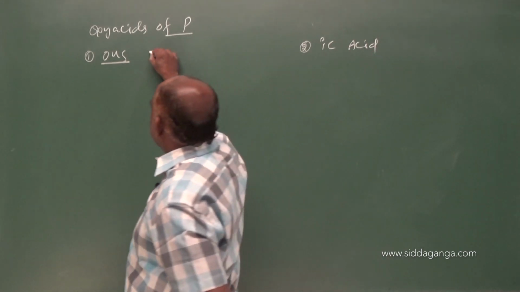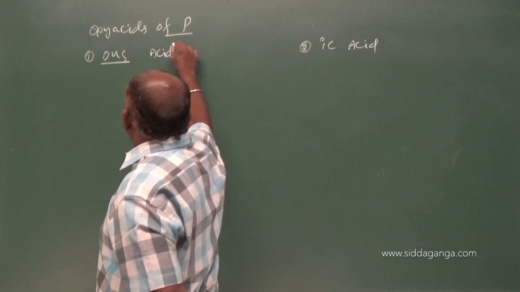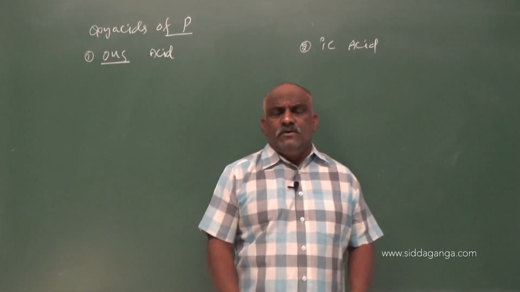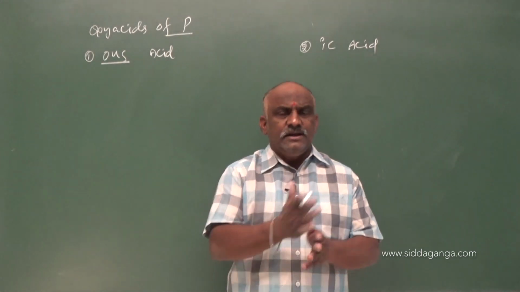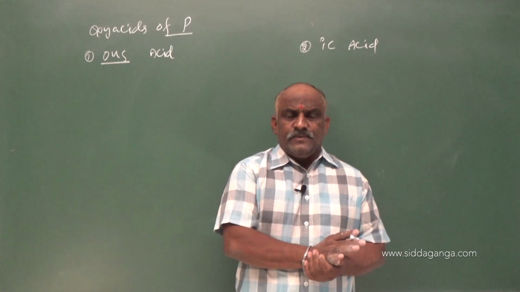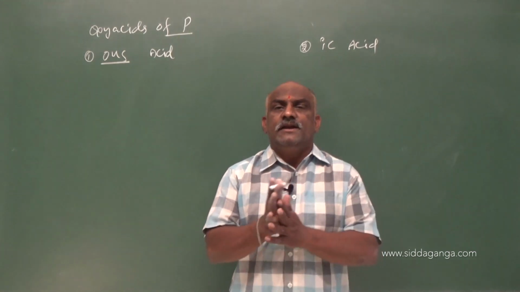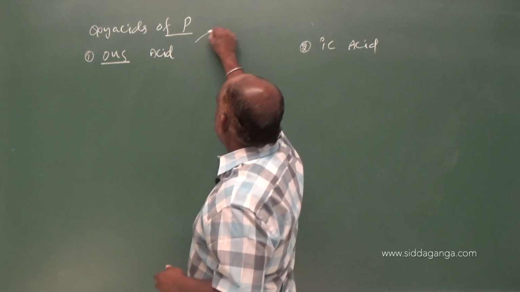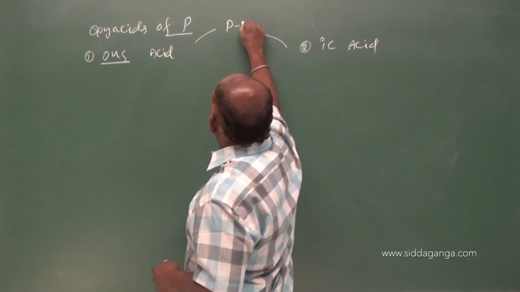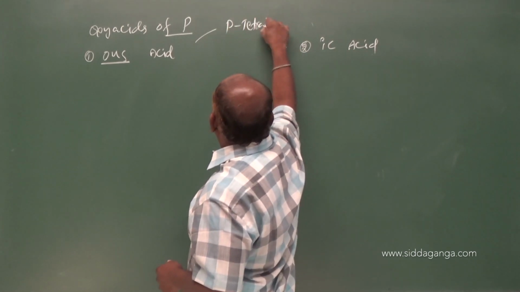Ous acid series, ic acid series. Whatever the ous series or ic series, the phosphorus is a tetrahedral atom.